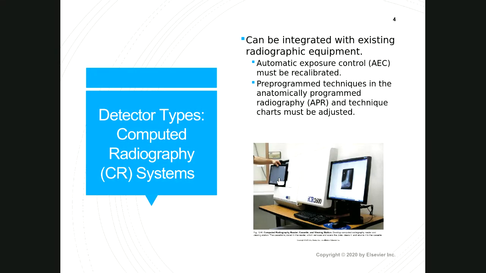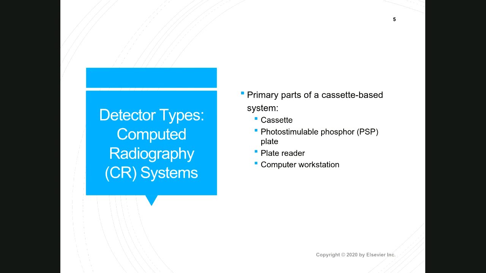It gets placed in the plate reader, and then once it's processed, it comes up on this monitor. So these things would actually have to be added to your radiology suite: some new image receptors, a plate reader, and a monitor for you to be able to visualize these. Now that's if you're coming from film. This was pretty much the first wave of digital that we got, was the CR units.